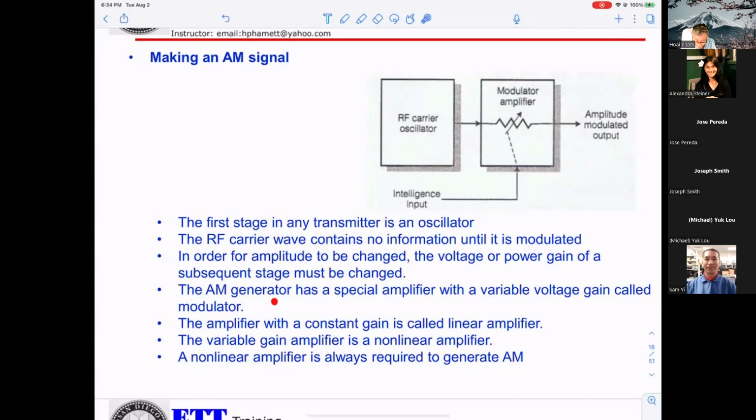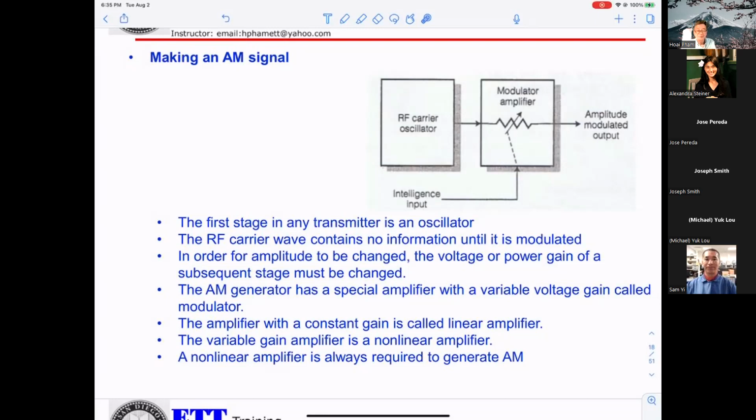The AM generator has a special amplifier with a variable voltage gain called the modulator. The amplifier with a constant gain is called a linear amplifier. The non-linear amplifier is always required to generate AM.